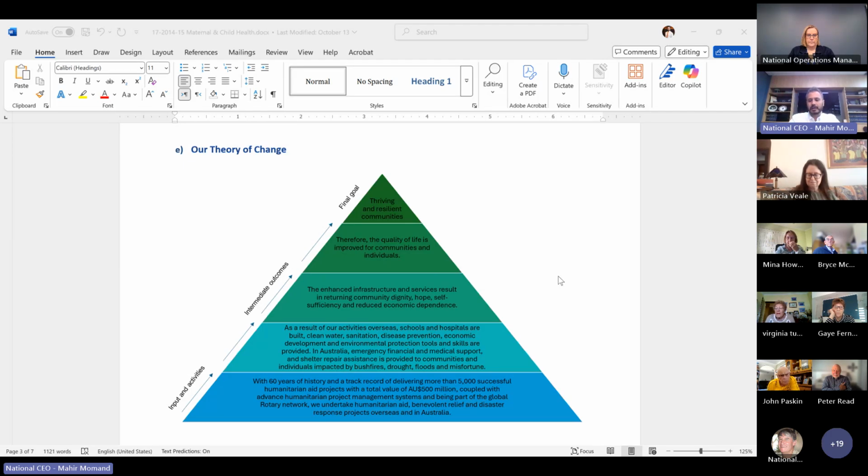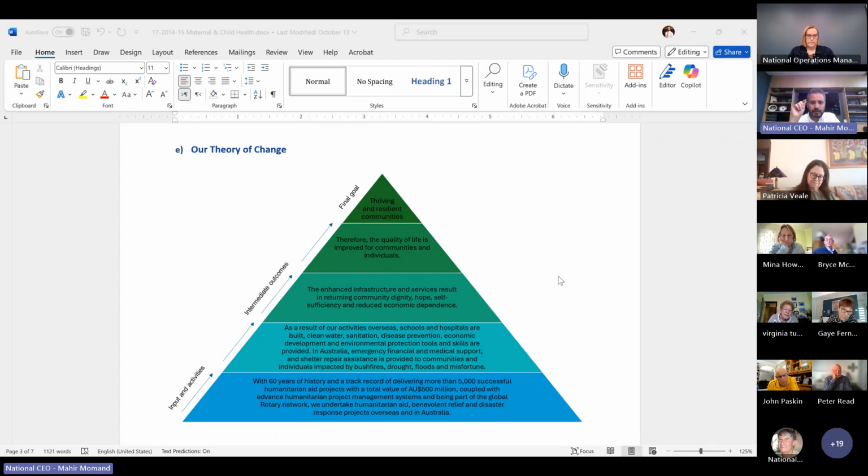And what they mean by that is that, okay, you're doing this great work with this particular maternal child and mother's project, but what does that actually mean, right? So therefore, what we have tried to explain for RAWCS in this pyramid here, the theory of change, is that at the very bottom, at the base of the pyramid, are the various inputs and activities that happen. So you can see on the left-hand side, there's this thing that says inputs and activities.